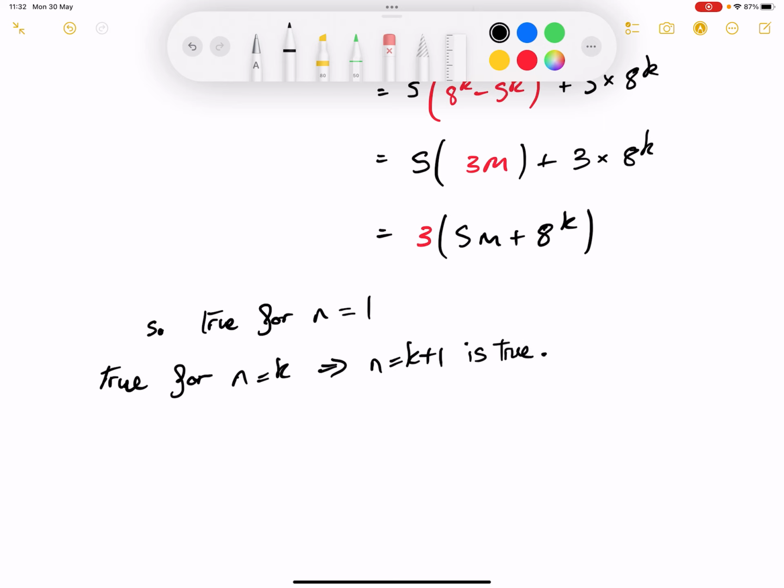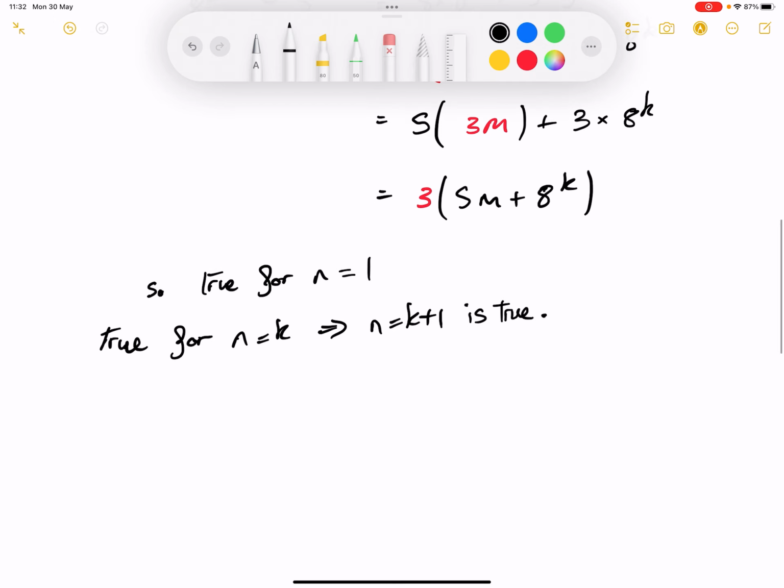True for n equals k implies true for n equals k plus 1. Therefore, true for all n belonging to the natural numbers as it's stated in the question.